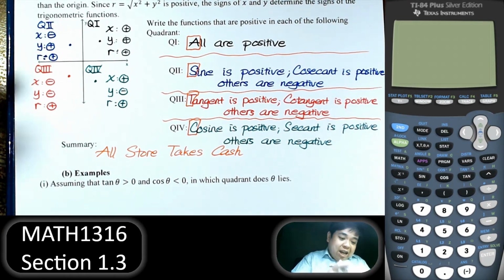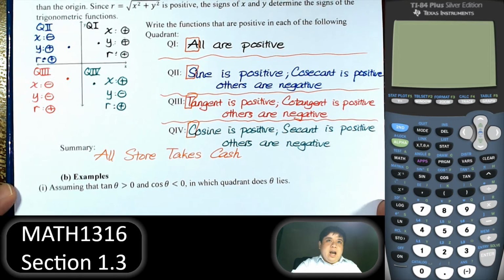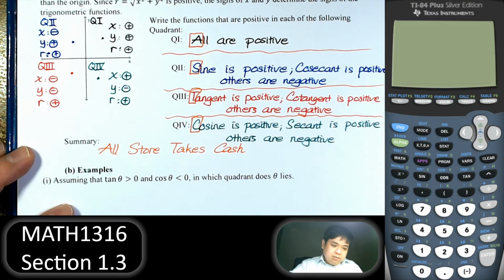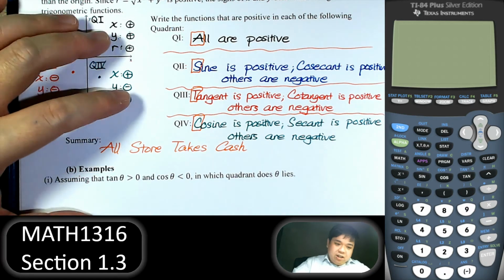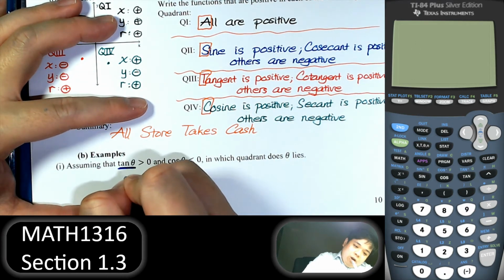Say tangent is positive and cosine is negative. Which quadrant are we talking about here? Of course we can use this chart too. But tangent, what is tangent? Y over x.